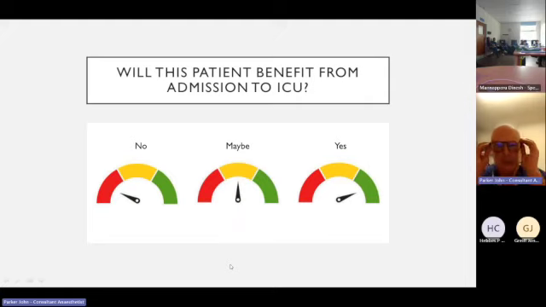So what about admissions? Will a patient benefit from admission to ITU? I haven't got a clinical example on this for obvious reasons, because I think we need to look across a spectrum. First off, let's talk about the outcome of that decision.